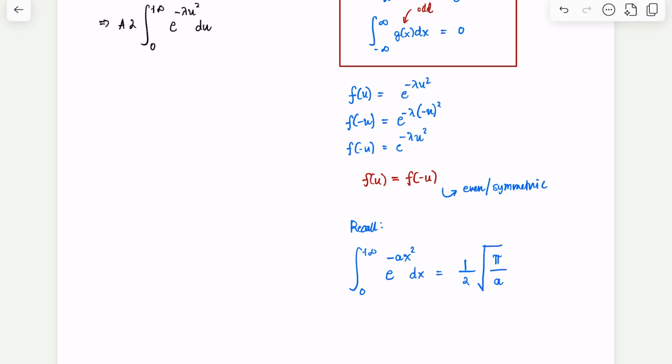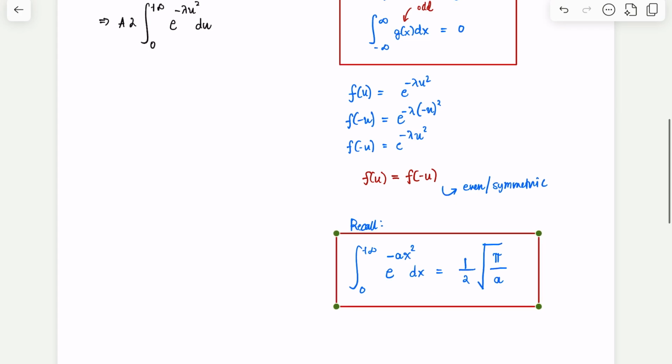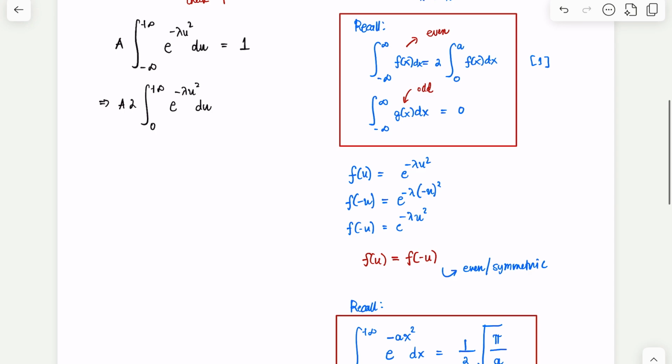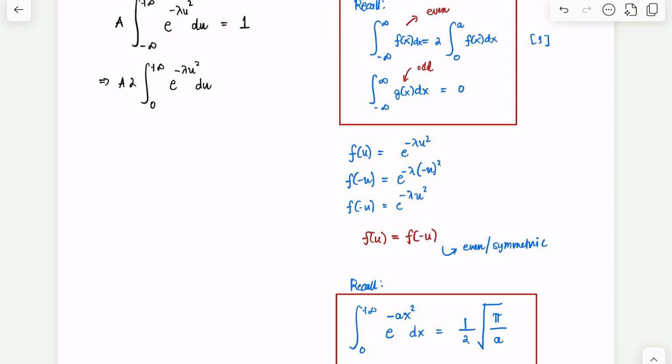So this is like an integral which we should be familiar with because we will always meet this one. And if you notice in your integral here, you can actually see that this integral resembles this one in the sense that you got e, okay, e. You get negative here. Your lambda is just a, which is just any constant in this matter. Your u squared is just x squared, du is dx.